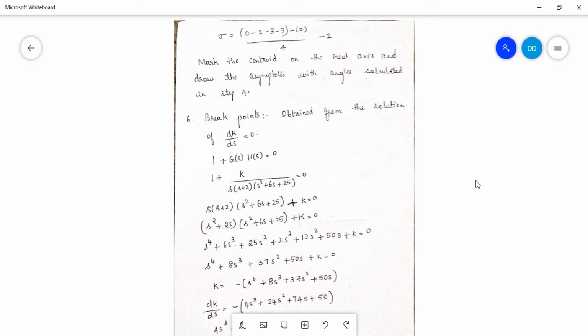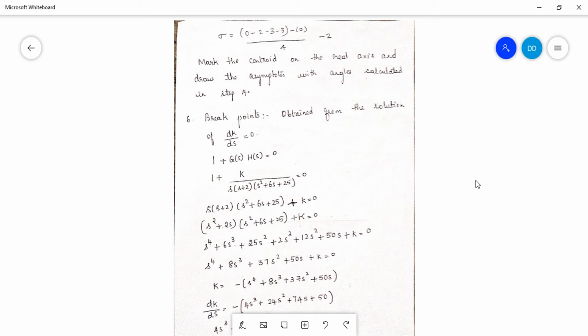The centroid is 0, minus 2, minus 3, minus 3, which is the sum of the real parts of the poles, minus the real part of zeros, which is 0, divided by 4, which gives us minus 2. Keeping the protractor at the centroid, we have to mark the angles 45 degrees, 135 degrees, 225 degrees and 315 degrees. The next thing is breakpoints.